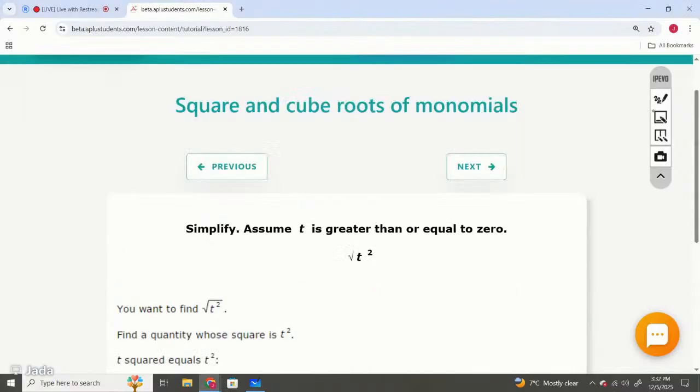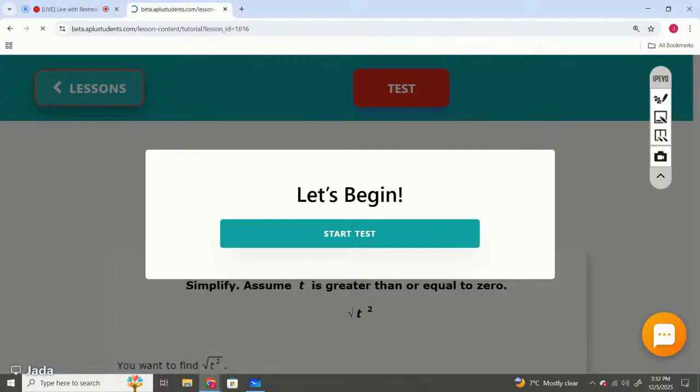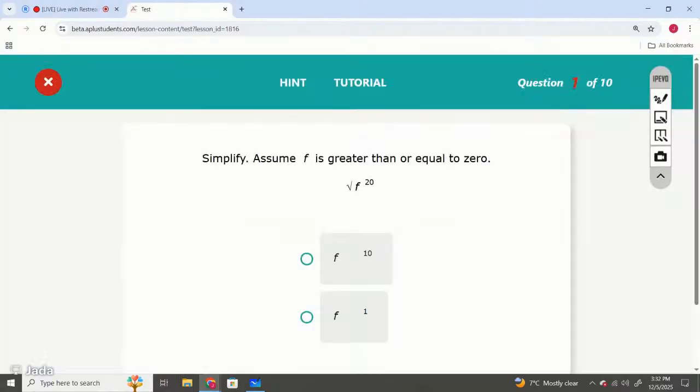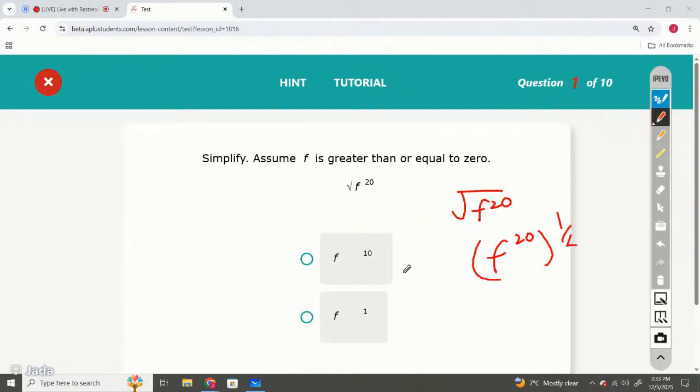Okay, let's just start with the test questions. Square root f^20. So we can write it as f^20 to the power 1 by 2. That is f^20 times 1 by 2. So 20 times 1 by 2, we are left with f^10.